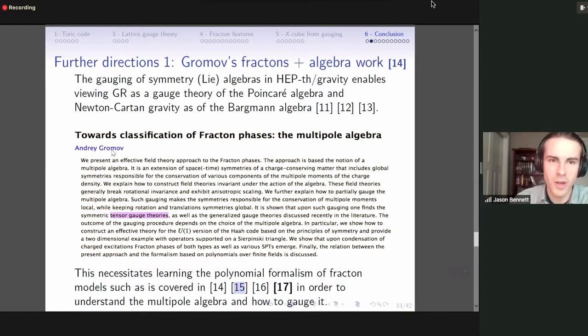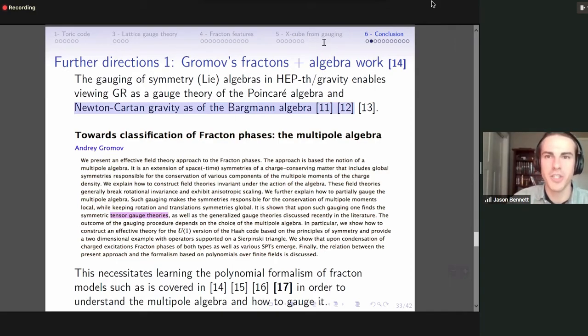And what Gromov did was make an algebra out of those polynomial shift symmetries and gauge it. One of my main goals this semester was to find out if he was talking about this type of gauging, because even though he cited this paper, what I was reading in this paper was very different from what I encountered. So maybe it was a different community and what gauging means.